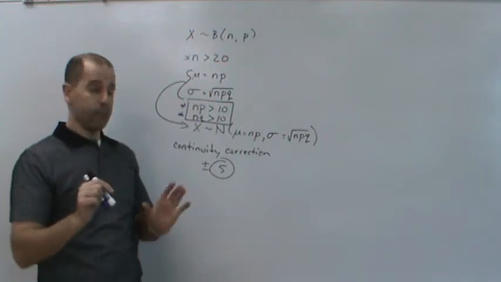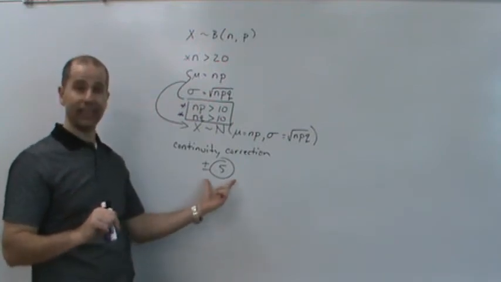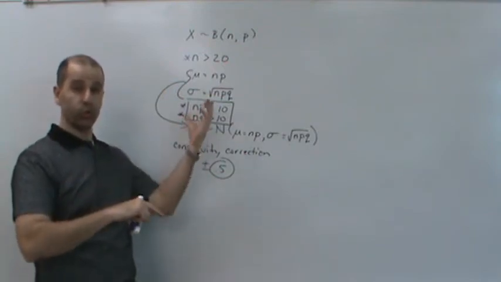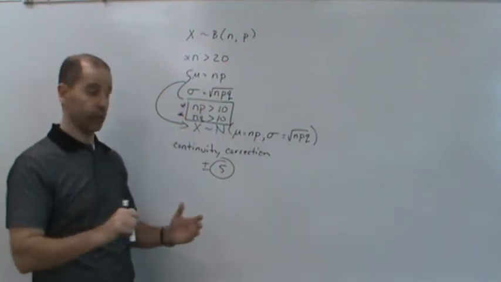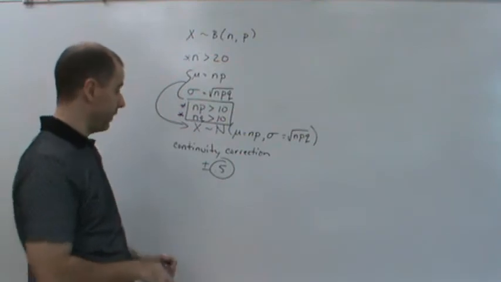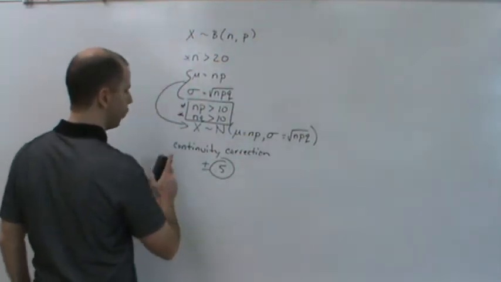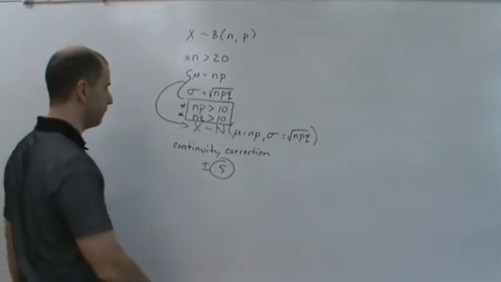And just realize this is the continuity correction that we're going to use. Now, the next example I'm going to do should make it clear what we're doing, and I'm going to walk through it too. And then that'll be it. I'll do one example of how the normal approximation works.